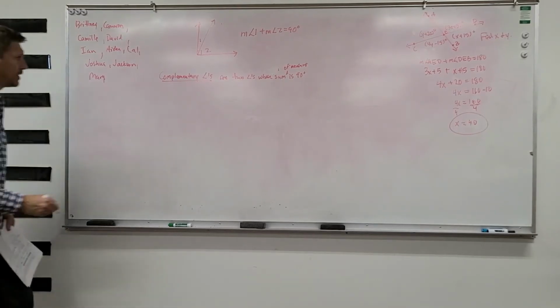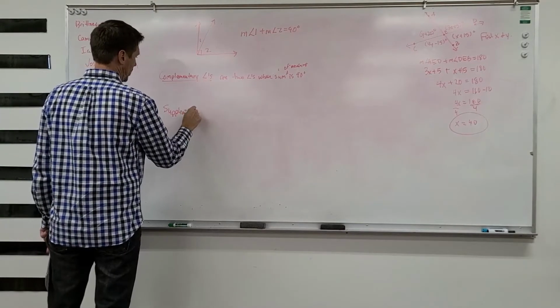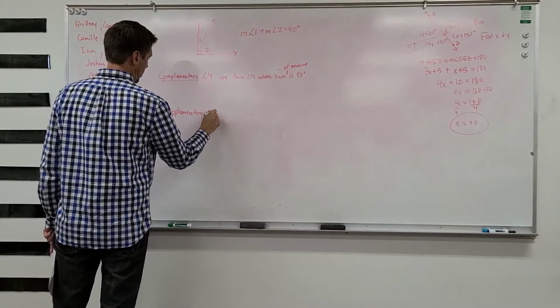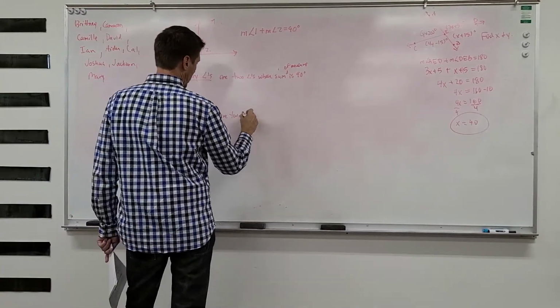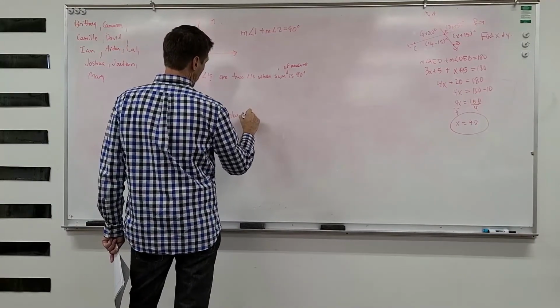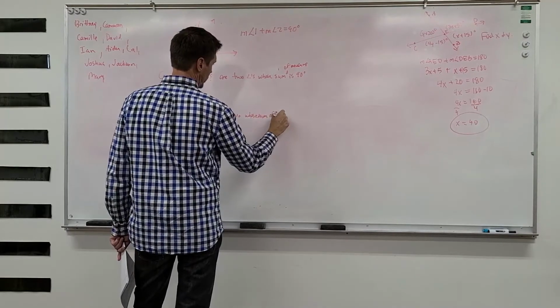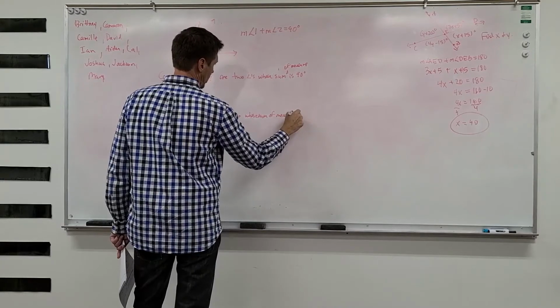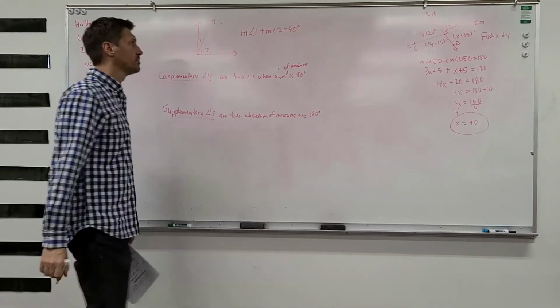And then another definition is supplementary angles. Supplementary angles are two angles whose sum of measures is 180 degrees. All right?